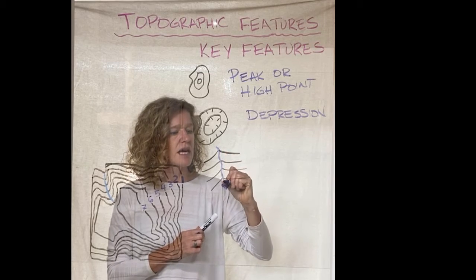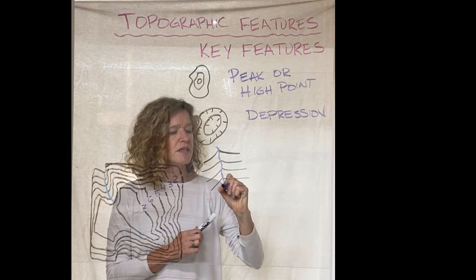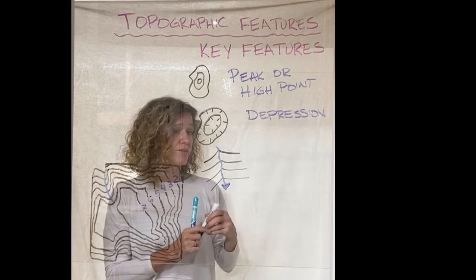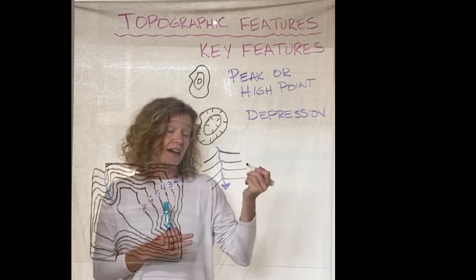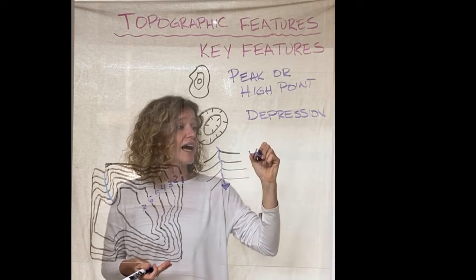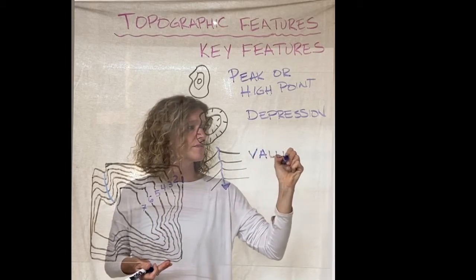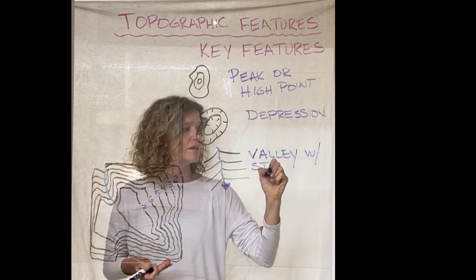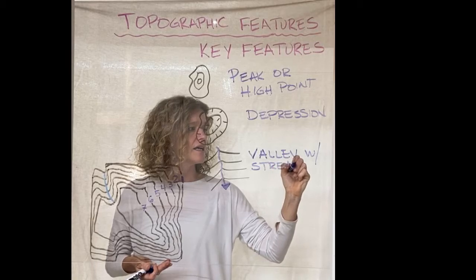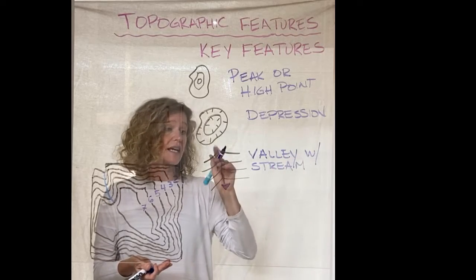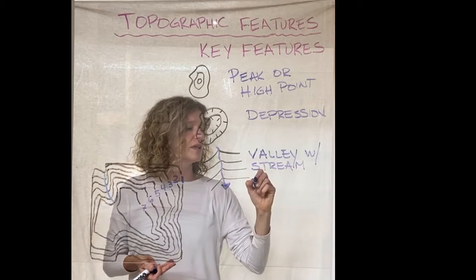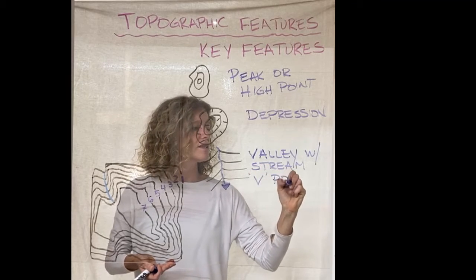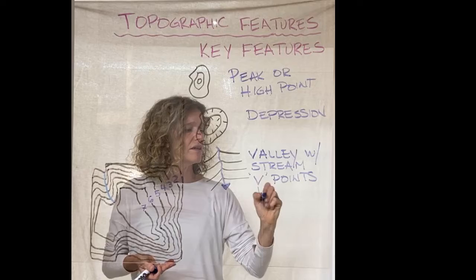And I'm putting an arrow because I'm pointing the direction, in this case, the water would be flowing down. And so this is a valley with a stream. And it's important to note that the V, if you will, points uphill.